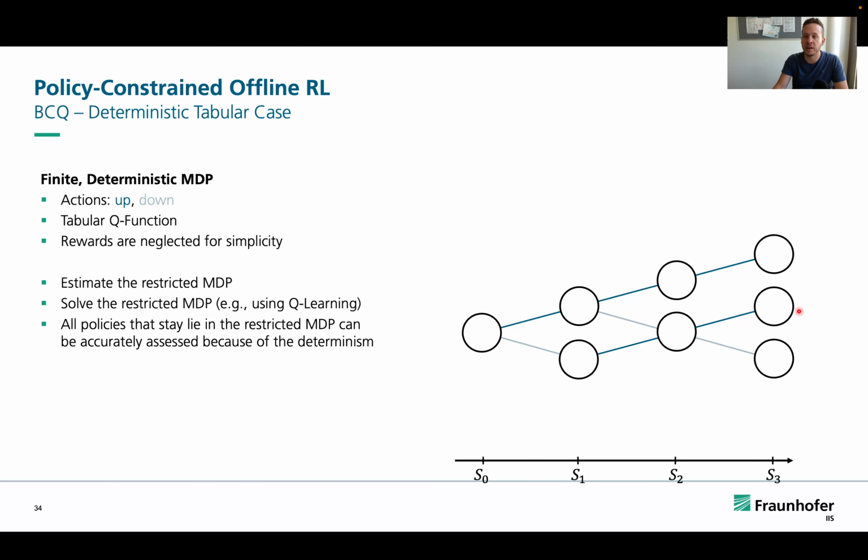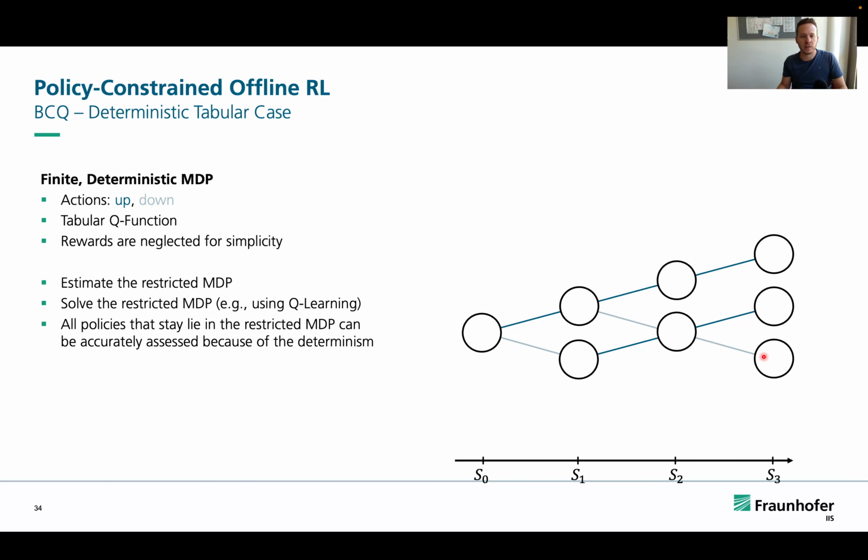We can use the data that we have and solve the restricted MDP, and we are sure that for every state we encounter in Q-learning, and for every action, if we just resort to what's happening here, we do not bootstrap any out-of-distribution action. All the policies that stay in the restricted MDP can be accurately assessed because everything is deterministic.